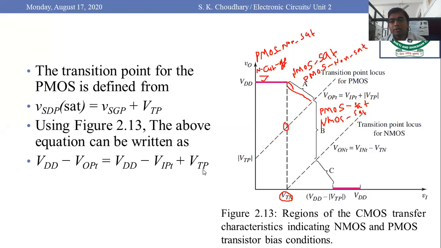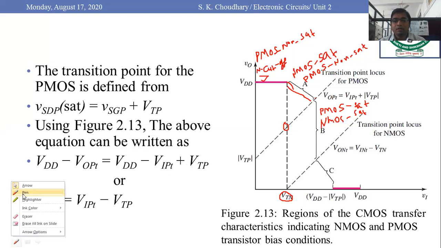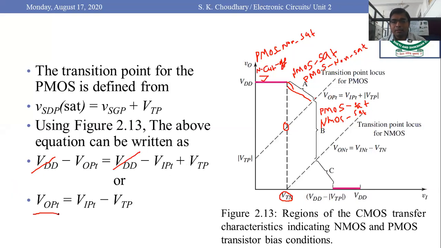So it could also be written as the output voltage of PMOS at the transition point, VOPT, is equal to VIPT minus VTP. VDD is cancelled out here. So this is the output voltage of PMOS at the transition point.